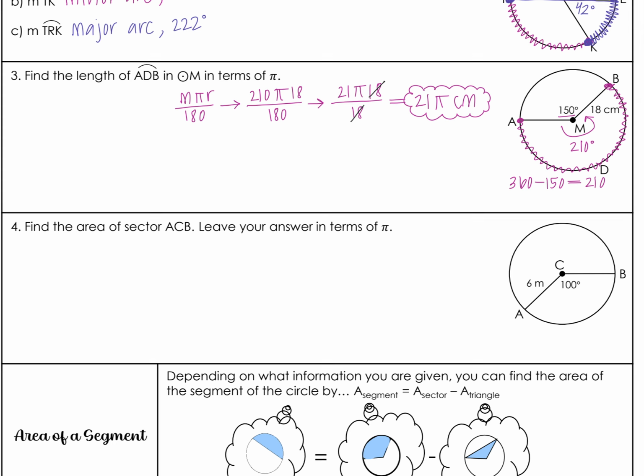To clarify, if they had said, I'm going to write it for you, the measure of arc ADB like this, that would be the degrees because of that M in front of the name.